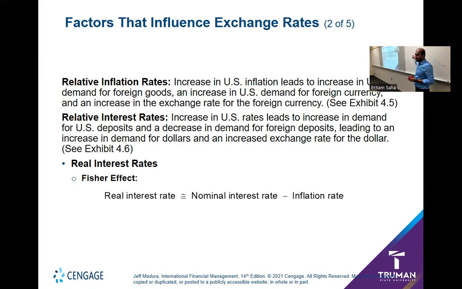So if the spot rate goes down, that means the home currency is appreciating, right? If the spot rate is going up, that means the home currency is depreciating. So inflation has a direct impact on appreciation and depreciation. Makes sense?